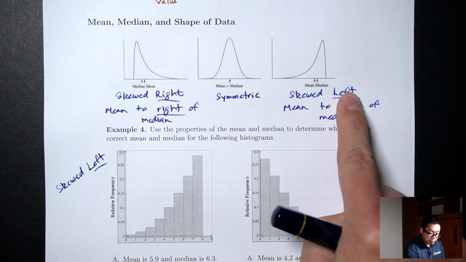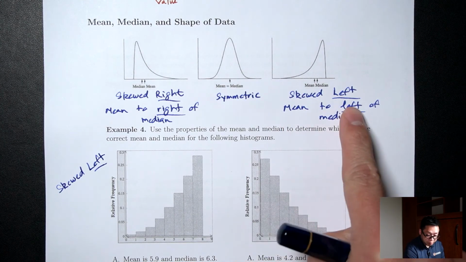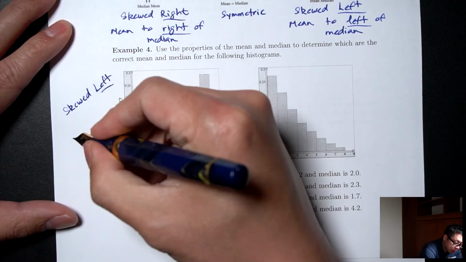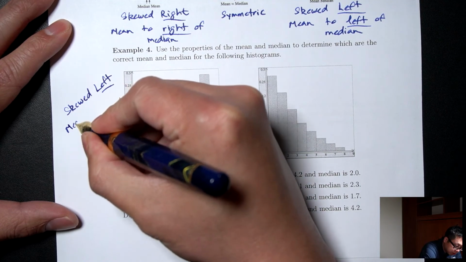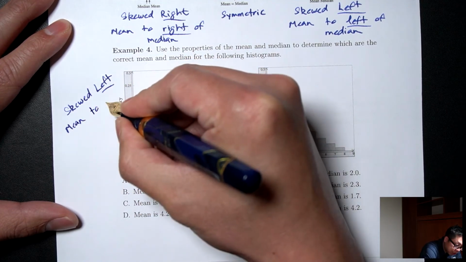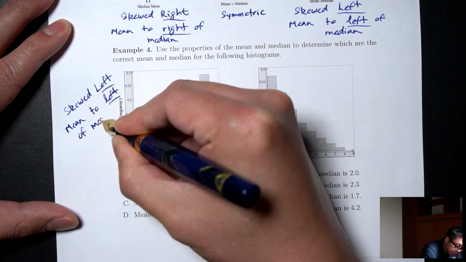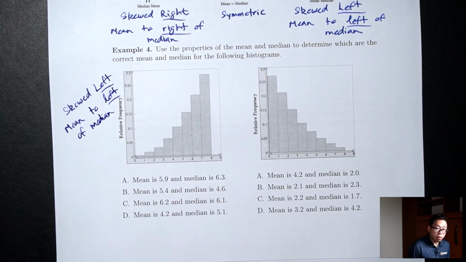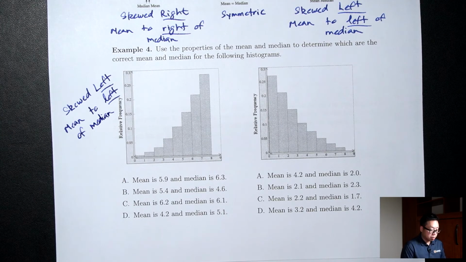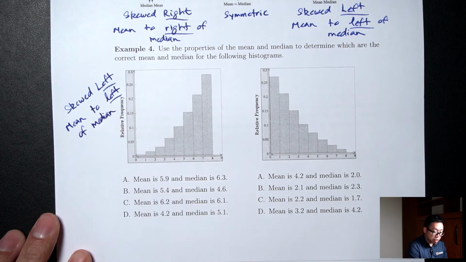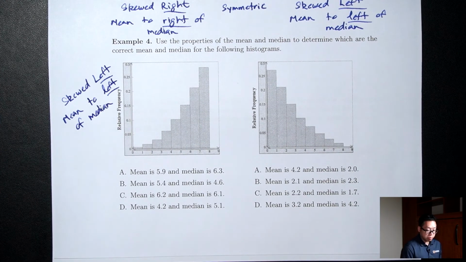If it's skewed left, the mean should be to the left of the median. So I'm expecting the mean to be to the left of the median. In other words, to the left meaning it should be less. So I'm expecting the mean to be less than the median. That should allow you to eliminate 2 of these choices.